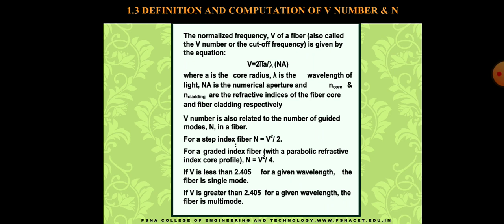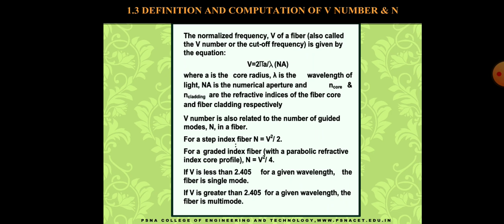Where a is the core radius, lambda is the wavelength of the light, NA is the numerical aperture, and n core and n cladding are the refractive indices of the fiber core and fiber cladding respectively. Using the V number, you can conclude how the guided modes propagate in the fiber and how many there are.